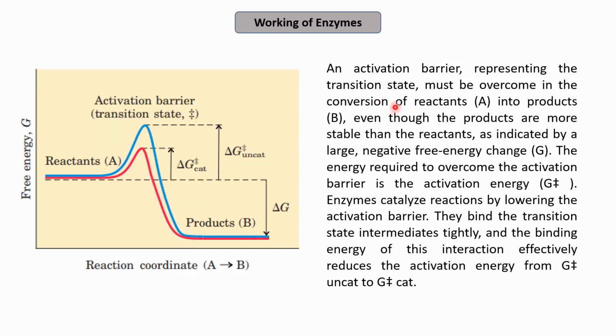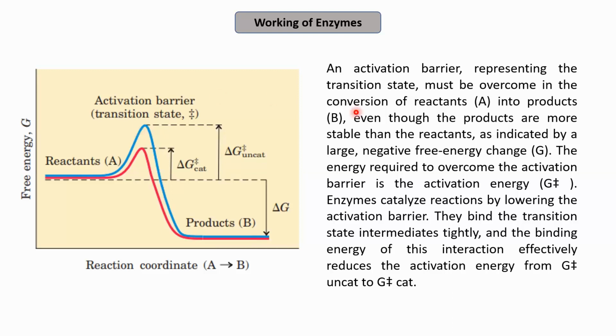The activation barrier represents the transition state. The molecule formed at this state is known as the transition state, and because of its very high free energy, it is unstable and tends to move rapidly into the product.